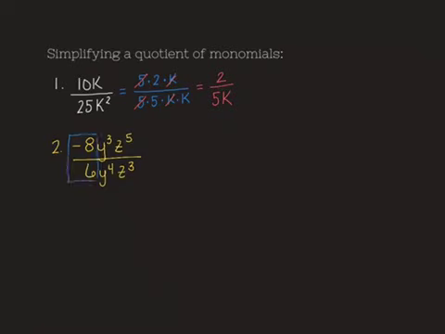Those are both even, so we're going to divide them both by 2. So that gives me negative 4 thirds, if I just look at the numbers. Now, let's look at the y's. So remember, when we have a quotient, we're subtracting. So 3 minus 4 would be negative 1. So that would be y to the negative first.